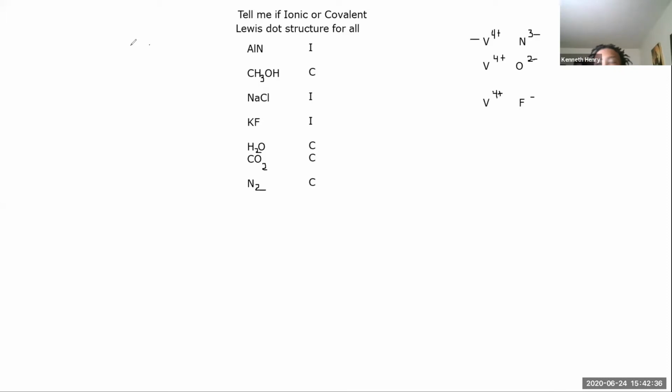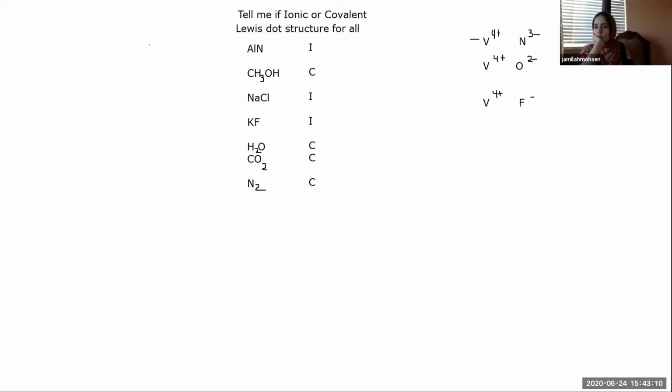Anyone going to take a gamble? 4 plus and 3 negative. Let's see. I'll take a guess, but I think I'm wrong. Would you combine B and N, and then the Lewis structure needs to total 8? Don't worry about the Lewis structure. Just tell me how many B's am I going to have and how many N's am I going to have to balance it out?